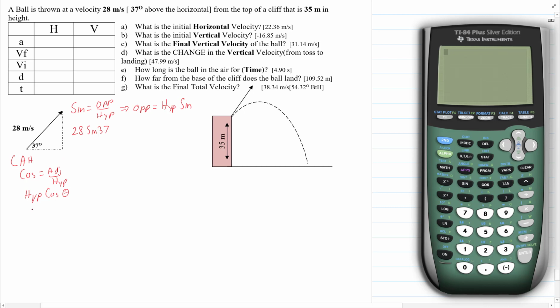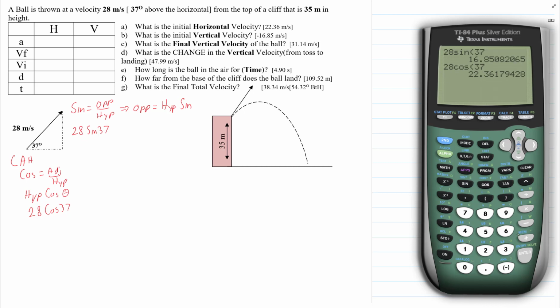So the adjacent is always going to be 28 times the cosine of 37. So there's just some theory there. Here we go. Let's plug them into the calculator: 28 sine 37 and 28 cosine 37.